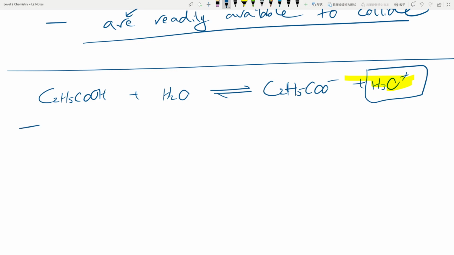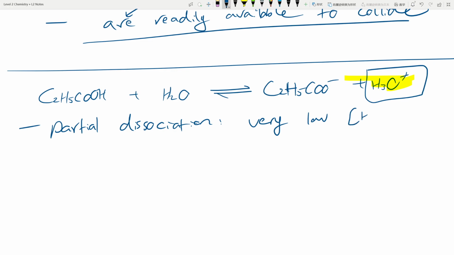Now, because this is a partial dissociation, that means there's a very low concentration of H3O plus ions. Okay, so what's going to happen is that these H3O plus ions will react away through colliding with the zinc metal, for example.